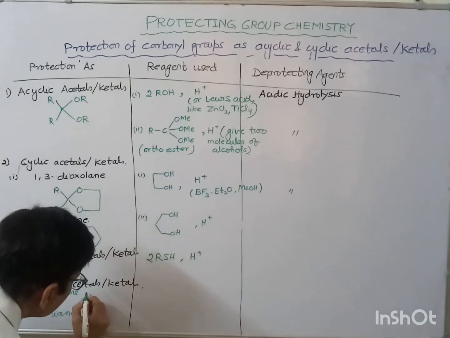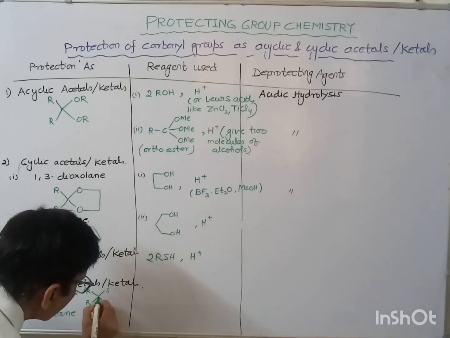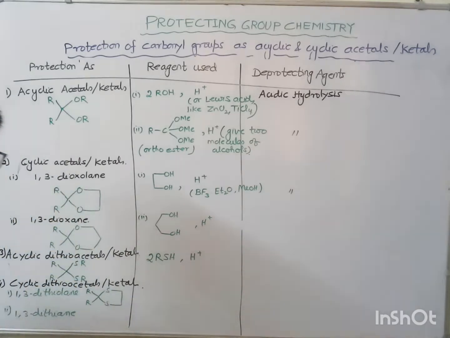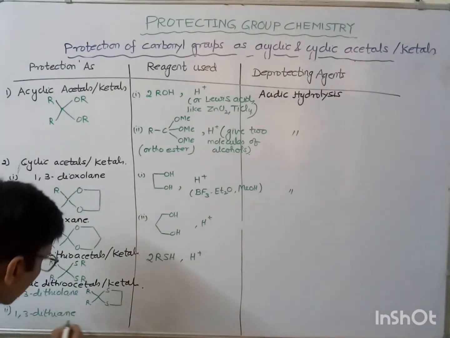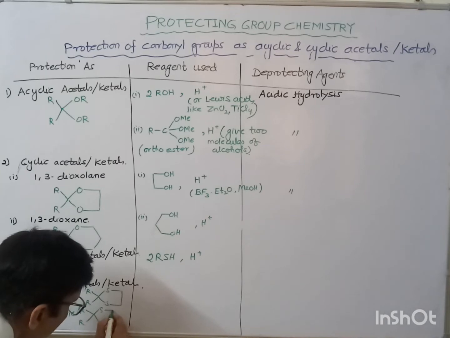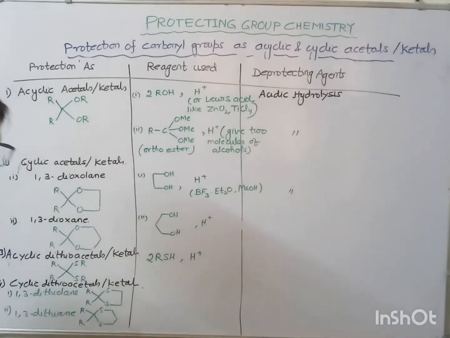So the structure will be similar to that one. This is our 5-membered thiolane, and thiane is 6-membered, like this.